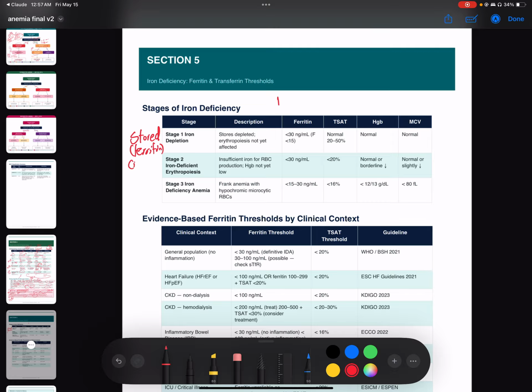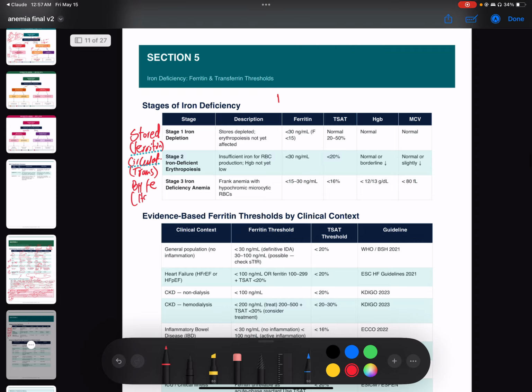We have circulating iron, which is represented by the transferrin. And you have erythropoiesis, or the bone marrow iron that can be used for erythropoiesis and the hemoglobin.